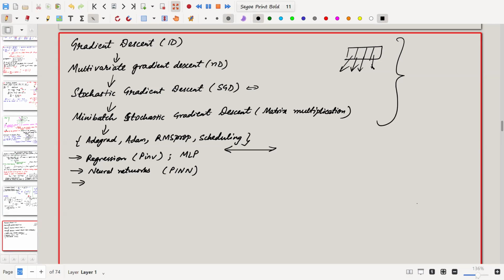Then we will go to PDEs. There we will learn only one method, a boundary method, where you take the average of four coordinates.